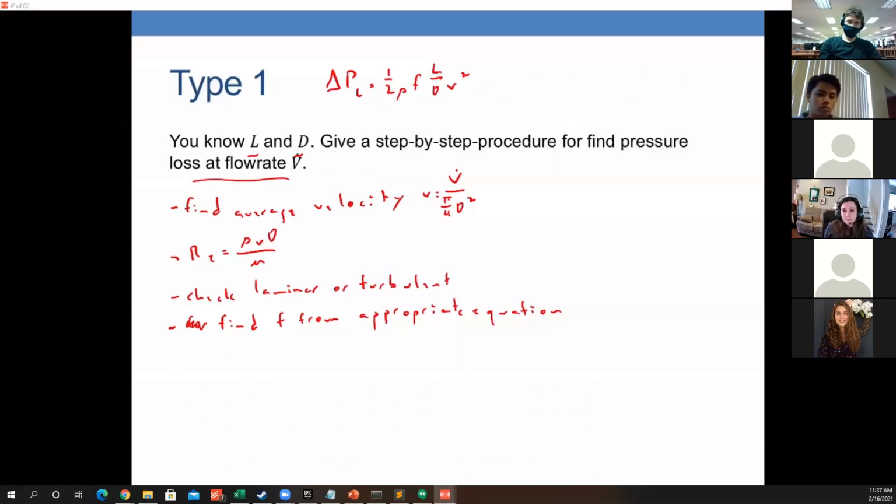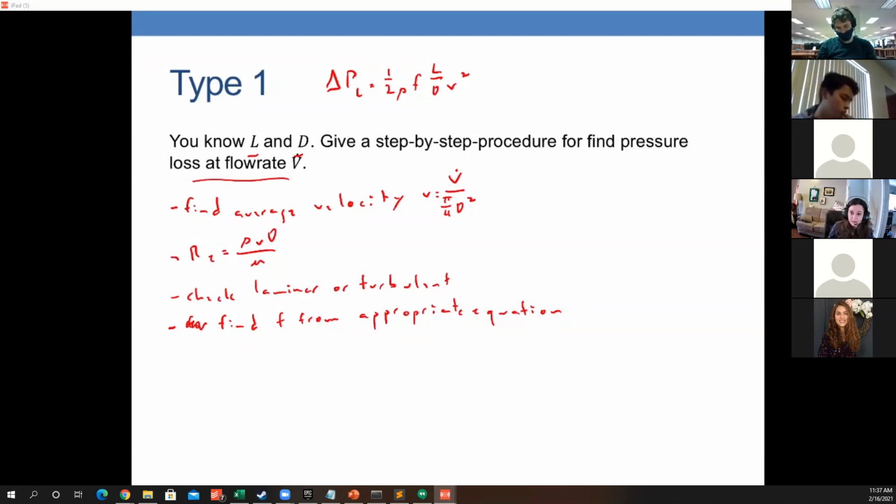Or if you want to be very specific, maybe you would need to do some experiments to figure out what the roughness factor was for your specific thing. Like if you had some old corroded pipes or some new material and you wanted to know exactly, then you might need to measure it yourself by measuring the pressure drop and finding what the roughness factor would be. Okay.